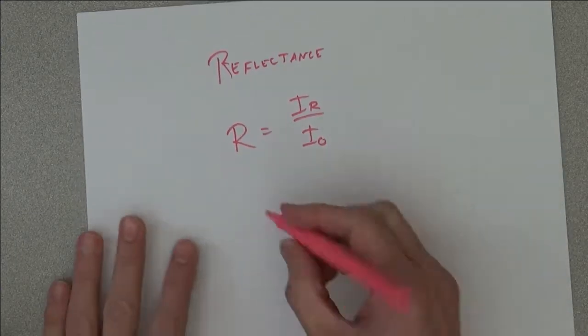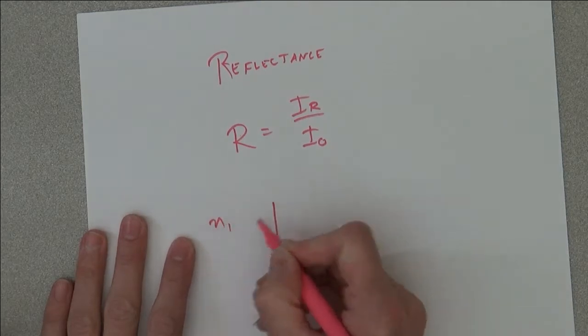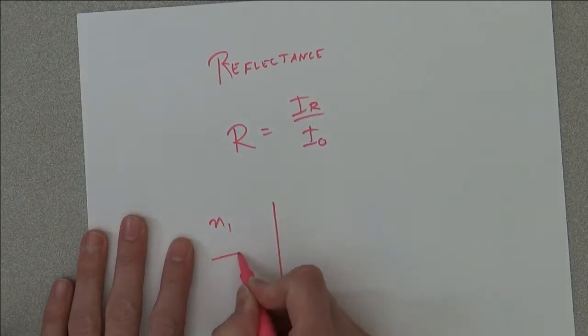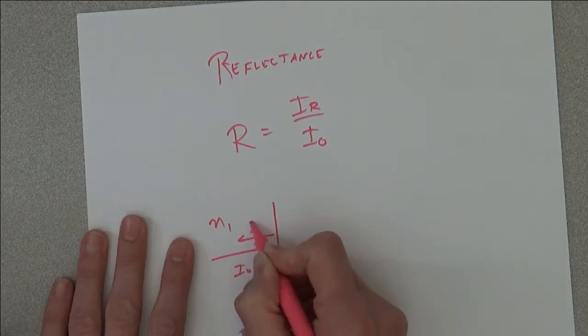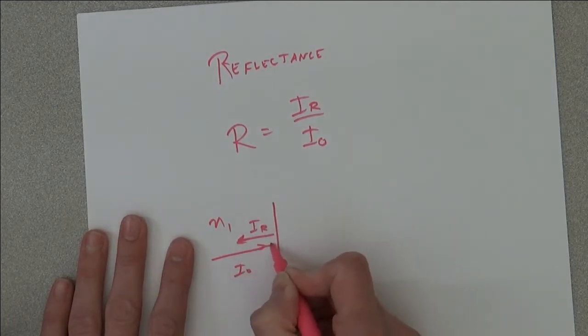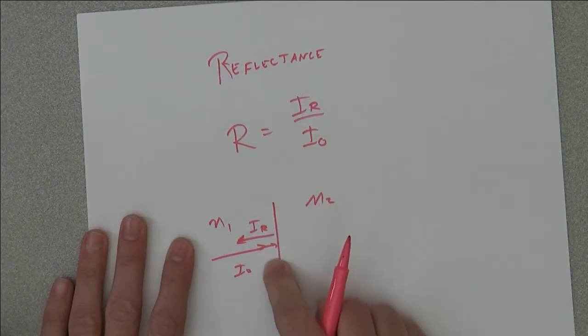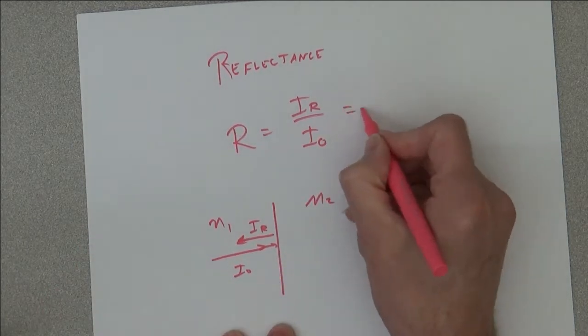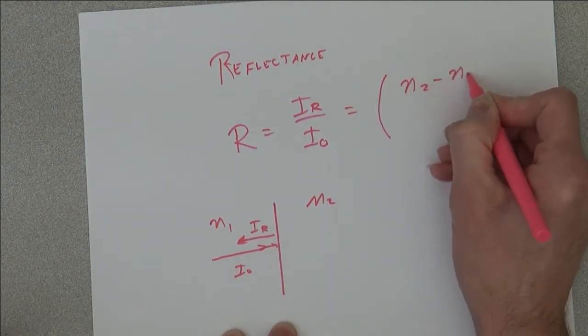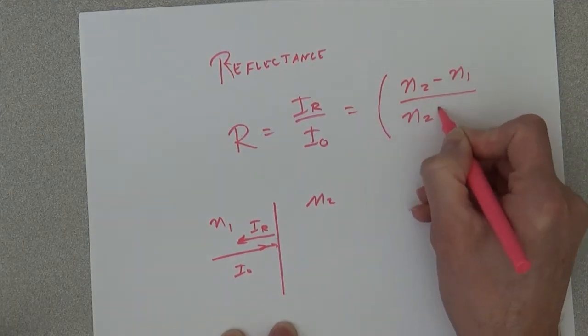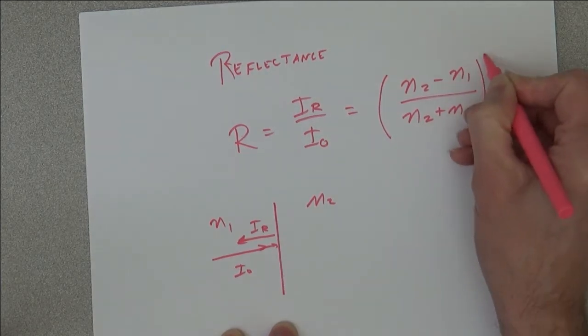So again, N1, I0, IR, N2, and this is going to be equal to N2 minus N1 over N2 plus N1, quantity squared.